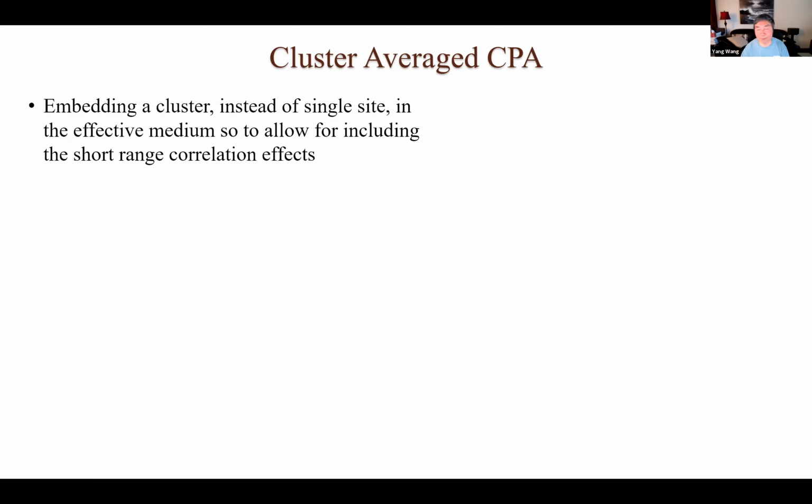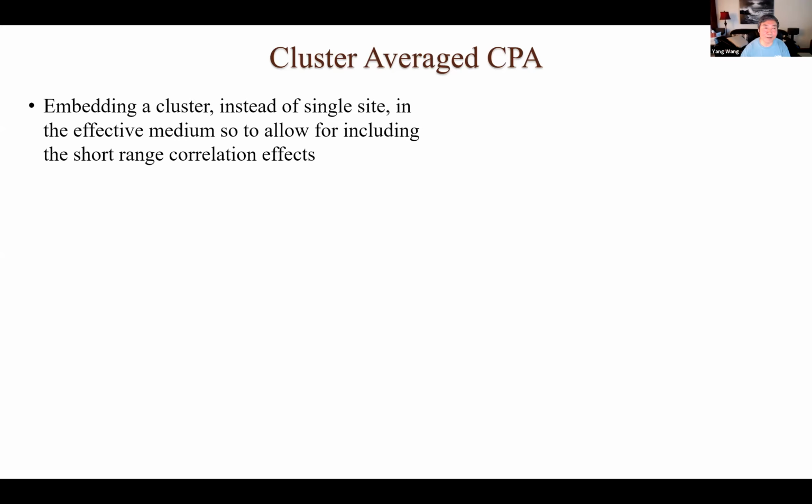One time he was talking to me about how they tend to use an average crystal type of approach, but they also have the problem of how to include short-range order effects. So they had an idea about how to average the potentials. Of course, that's not going to work. When we talked about how to include short-range order effects, he mentioned this idea, and I said, hey, this can be applied to CPA, the same thing.